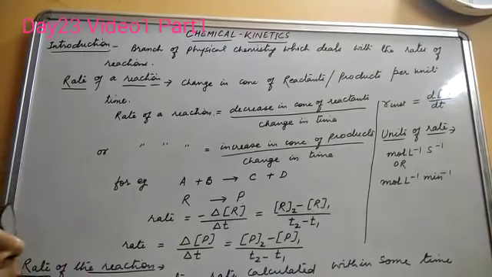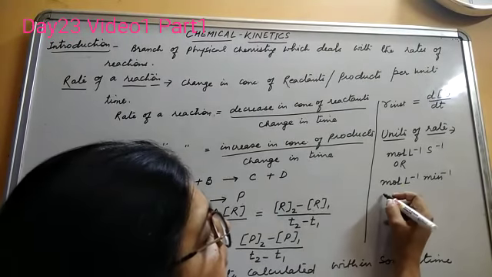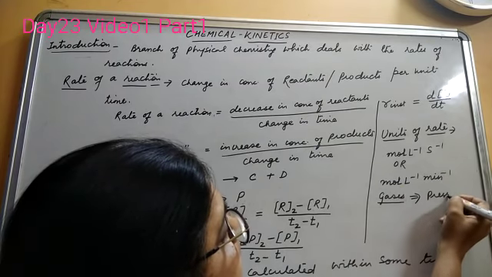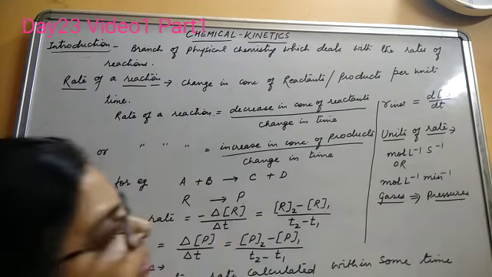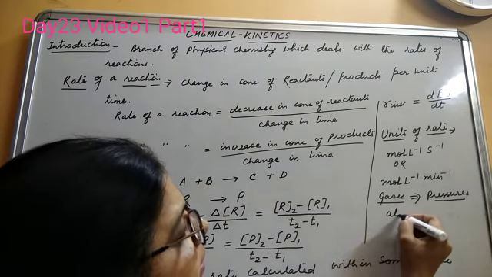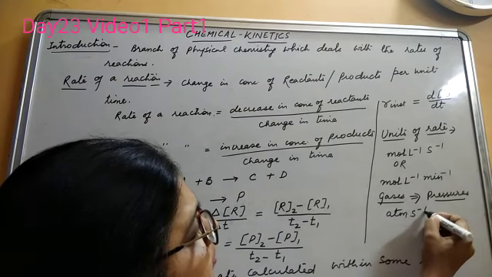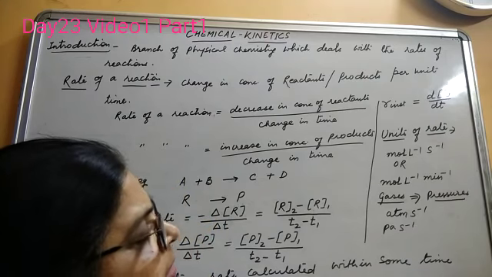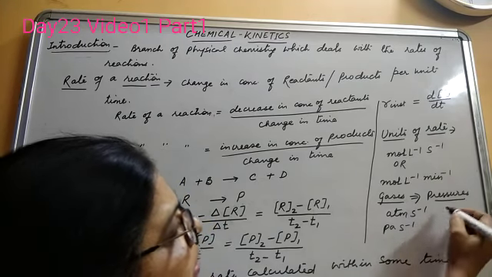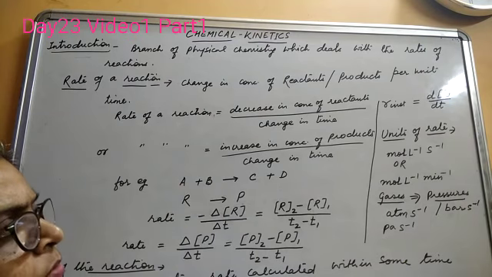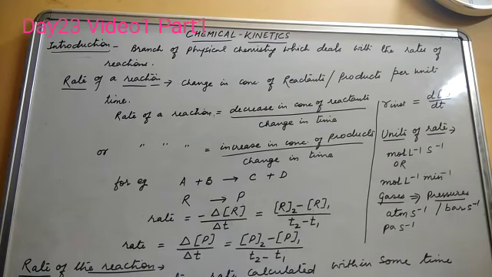And if gases are taken and their pressures are taken, then concentration will not be taken; it will be atmosphere per unit time, or pascals per unit time, per second, per minute, or bar per unit time. These are the units of rate. Now we have to do the graphical method to find the rate of the reaction.